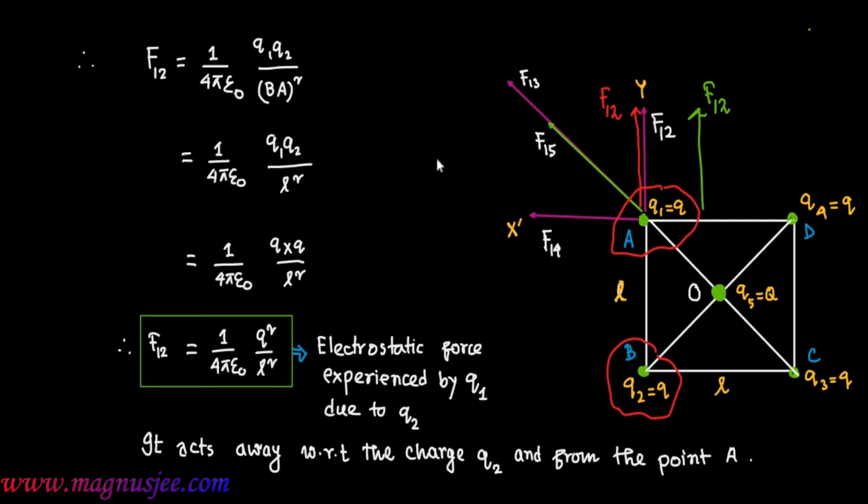This force F12 acts along the direction AY, and F12 equals 1 by 4 pi epsilon 0 q1 q2 by BA whole square. As this force F12 acts along AY, that's why the distance should be BA.